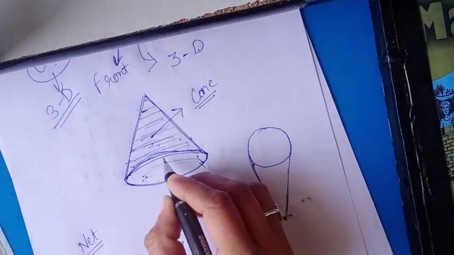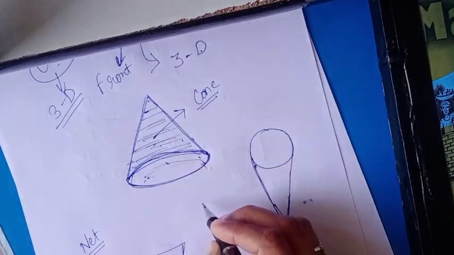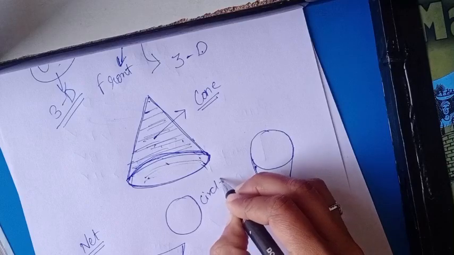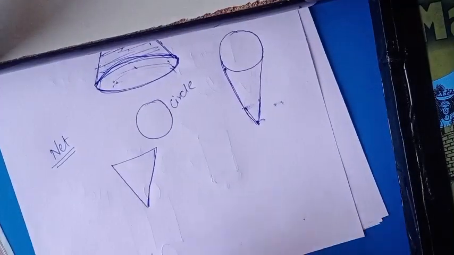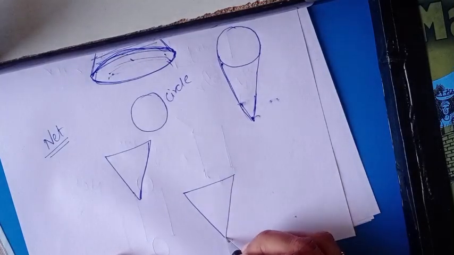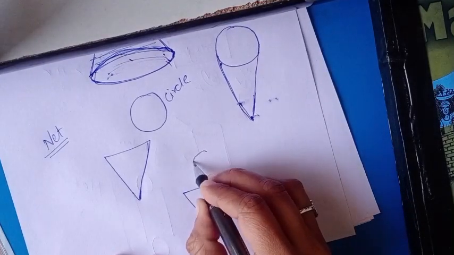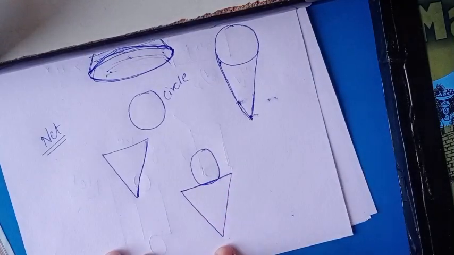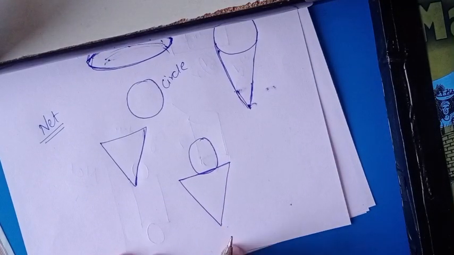A rectangle, and the upper portion is a circle. What is this? Circle. Okay, so this is the net of the cone, but in your book the net of the cone is drawn like this. Like this you will get the net figure of the cone.